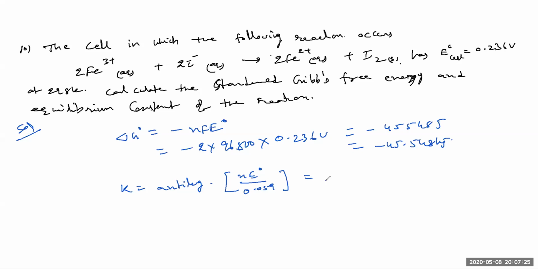Antilog of the E° value given, 0.236 by 0.059. By calculating it, 10⁸ will come after applying the antilog.